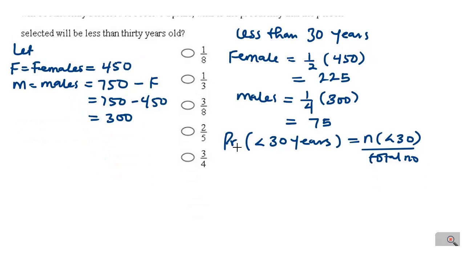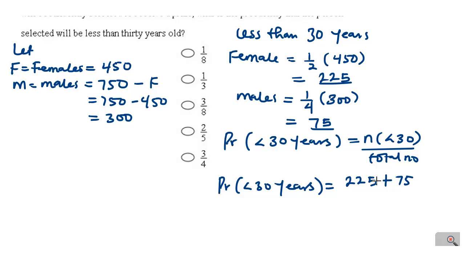How many people are less than 30 years? We have 225 and 75. So the probability will be 225 plus 75, over the total number of participants, 750.